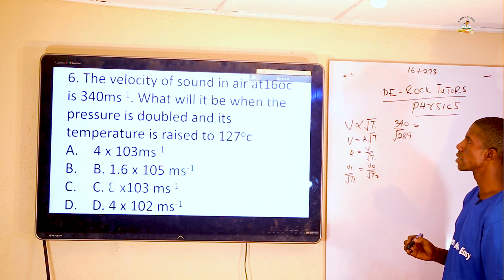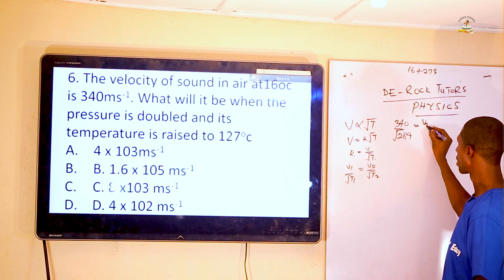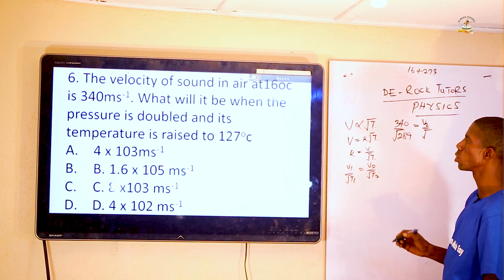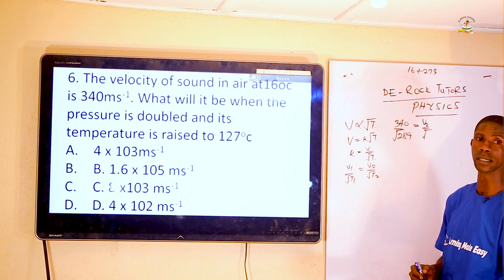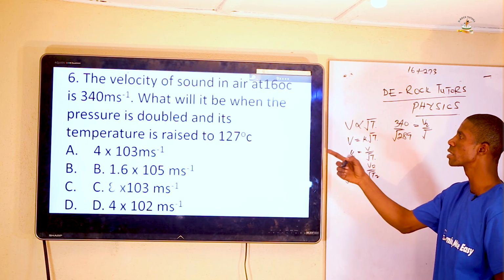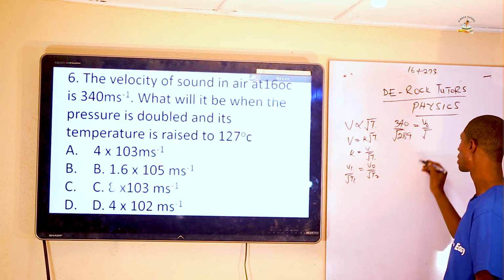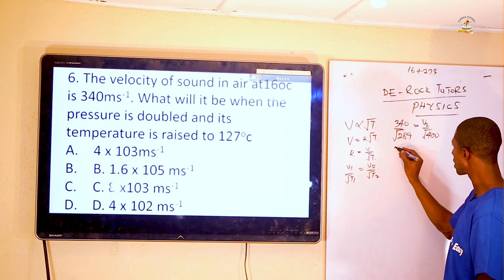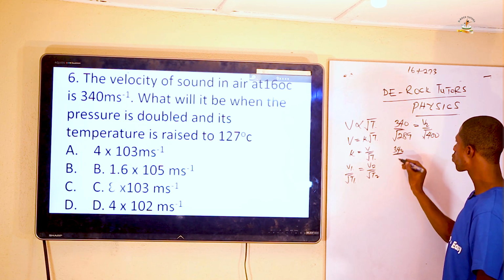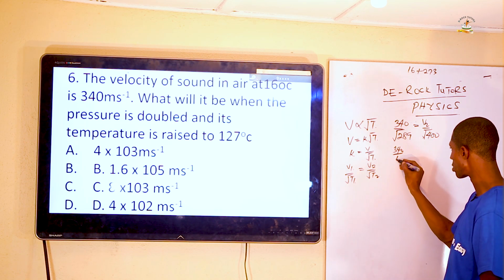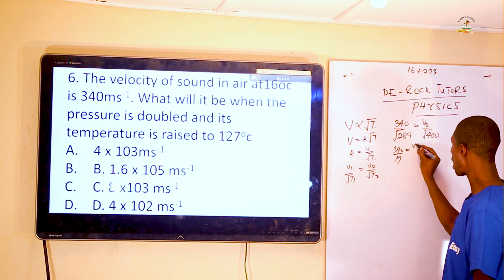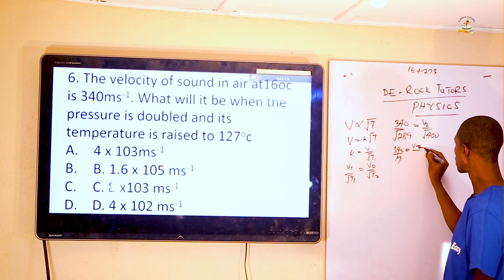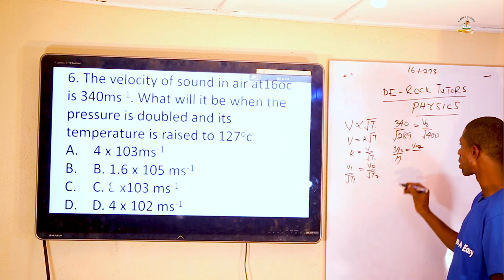I want to get the velocity when the temperature is now increased to 127 degrees Celsius. Adding 273 to make it Kelvin, I will have 400. So with what I have here, 340, the square root of 289 will give me 17. Then I'll have V2, still waiting. The square root of 400 will give me 20.